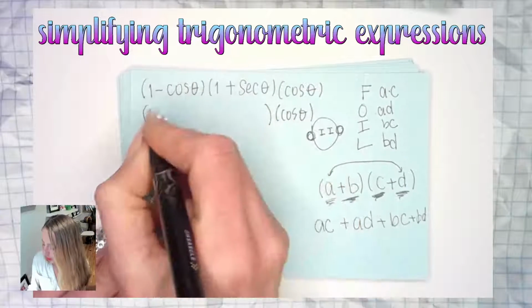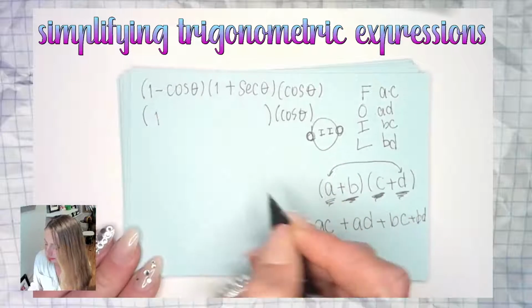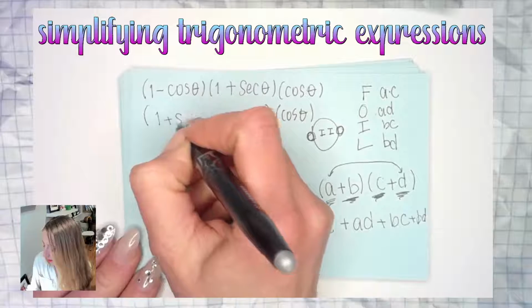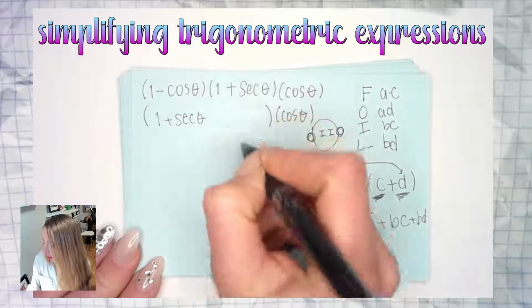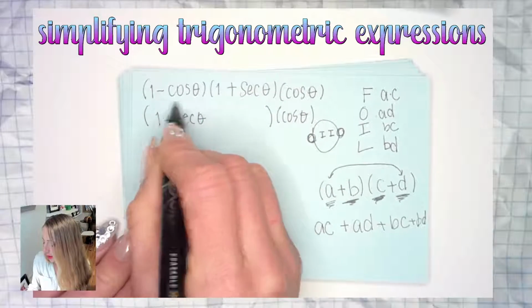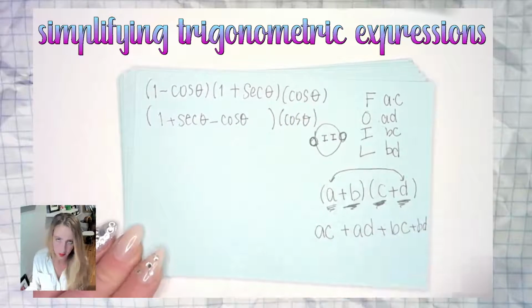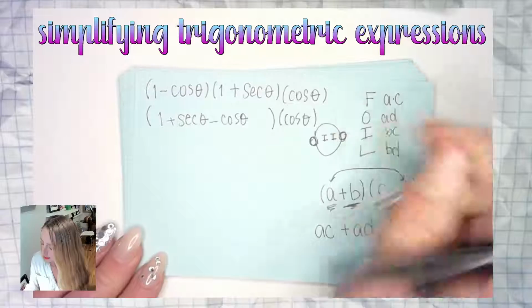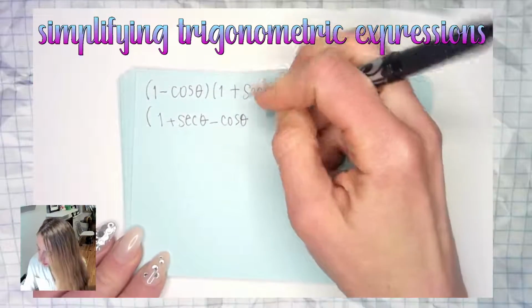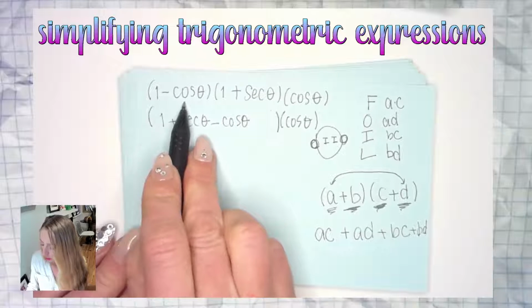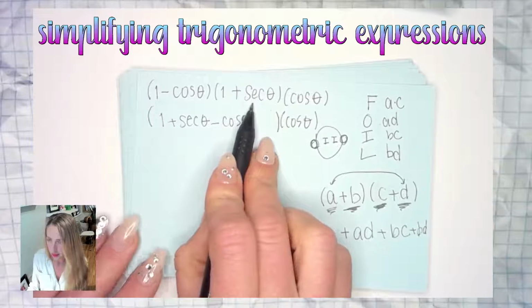So first times first, I have 1 times 1, 1. Outer, positive 1 times positive secant is positive secant theta. Inner is negative cosine times 1, so minus cosine theta. Last times last, that's going to be negative cosine theta times positive secant theta.